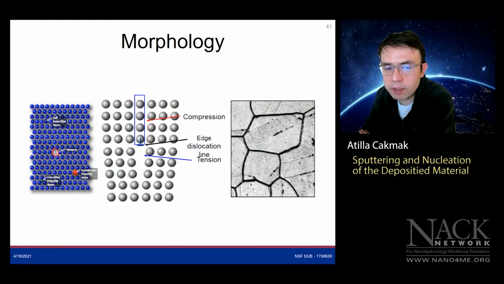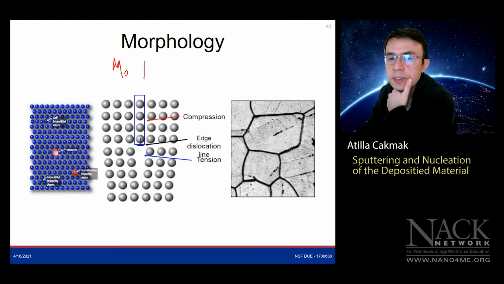So once you have these defects, let's say we're doing molybdenum, which I do with my students here just to show this effect. The molybdenum's resistivity will increase and its conductivity therefore will drop because of these kinds of voids.